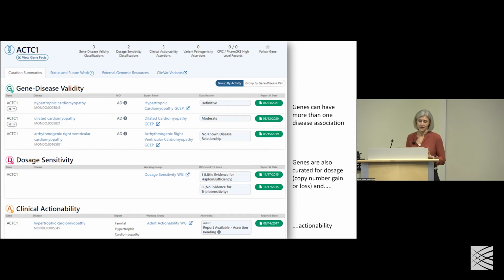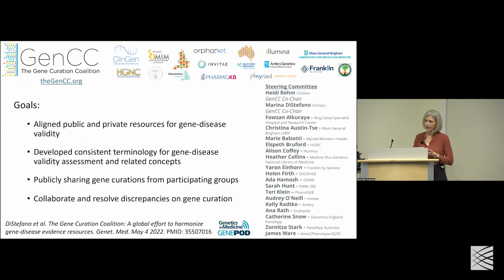There is also additional curation information on the ClinGen website in addition to this gene disease validity. Again, we're going to touch on this a few times, but you can see information about dosage sensitivity curation, which is important for the interpretation of copy number variation that you might find in this gene, as well as the clinical actionability, which really reads into more of the types of tests that this gene should be included on.